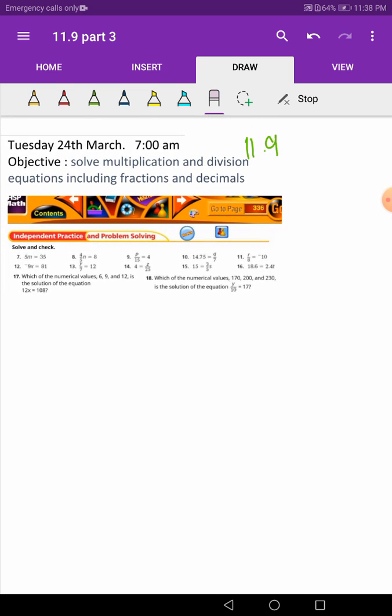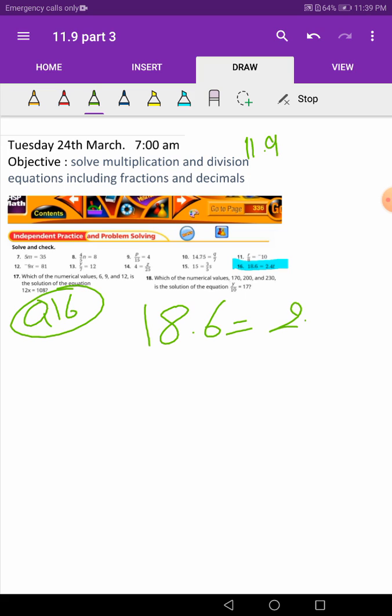Okay, the last question, question number 16. 18.6 equals 2.4t, which means 2.4 times t. In order to cancel this, you need to divide by 2.4 and the second side by 2.4.